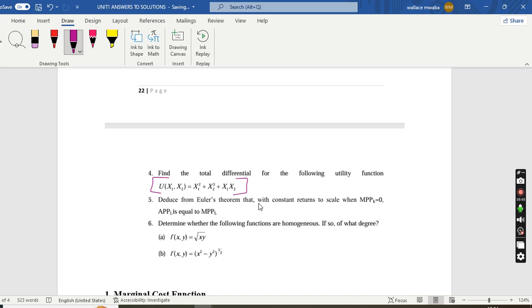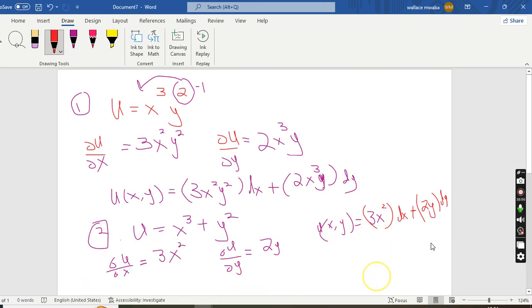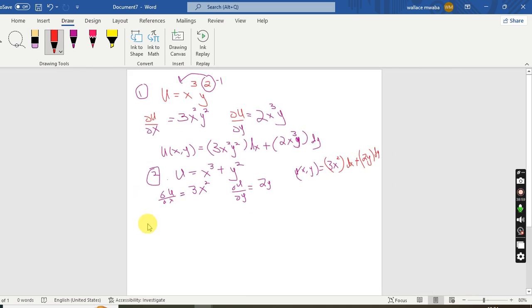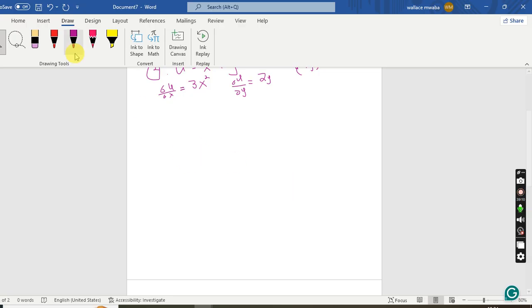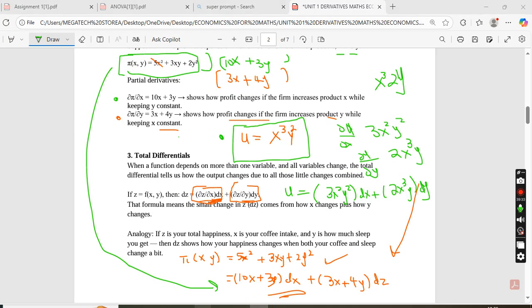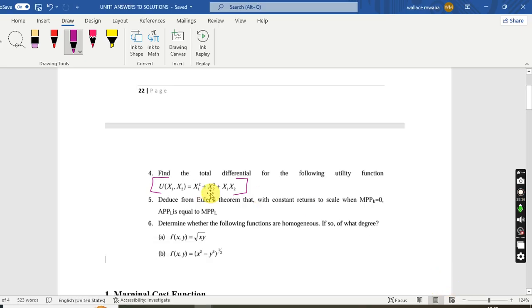Just write the same question: U(x1, x2) = x1 squared, x2 cubed.